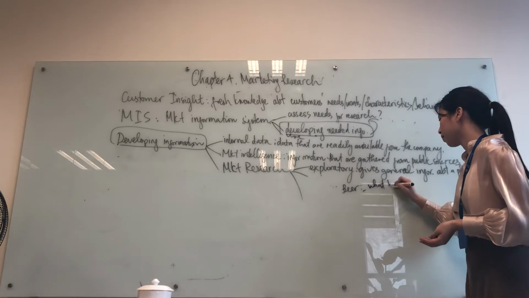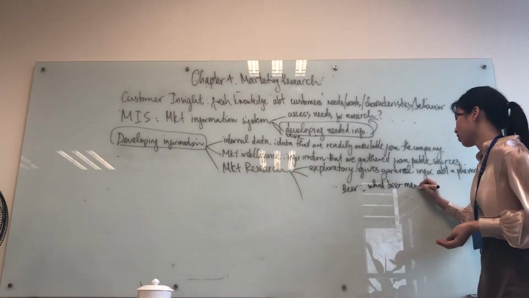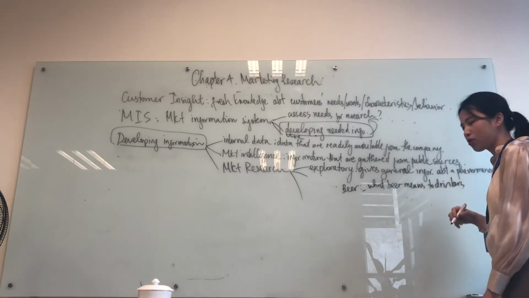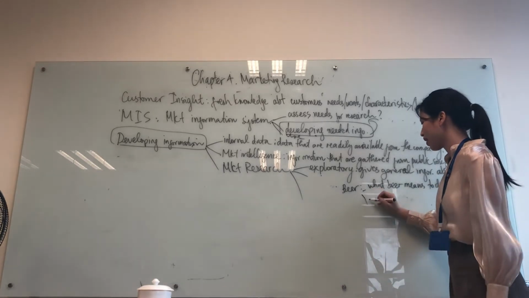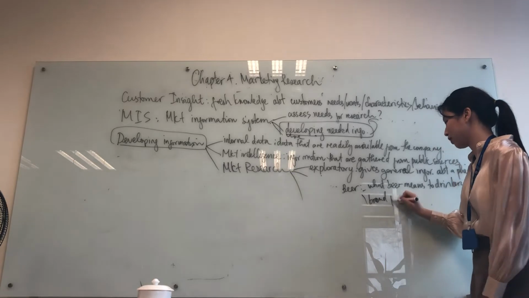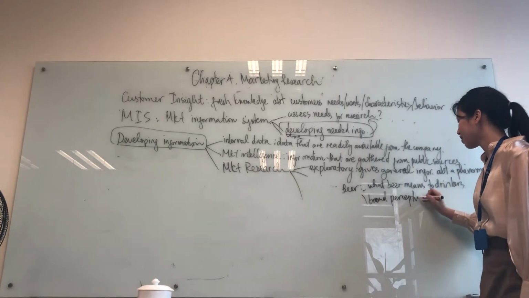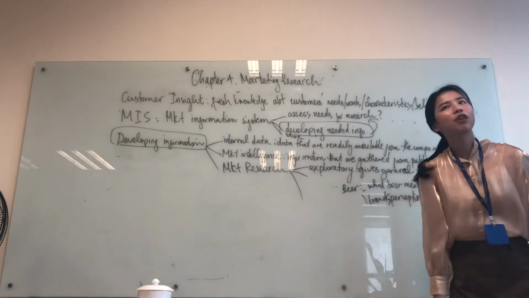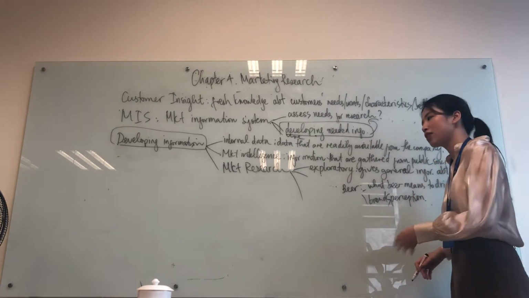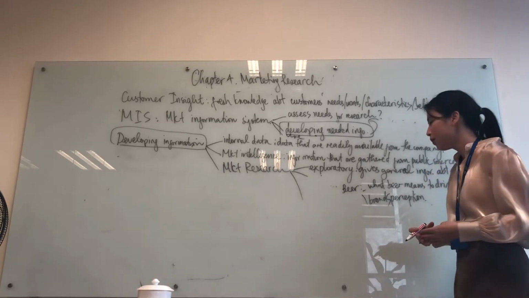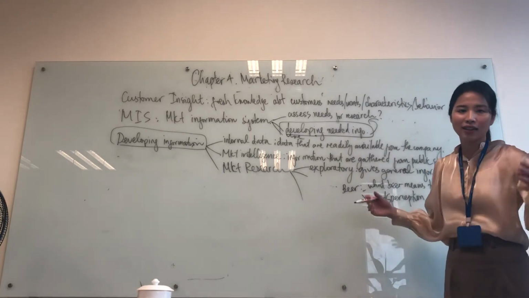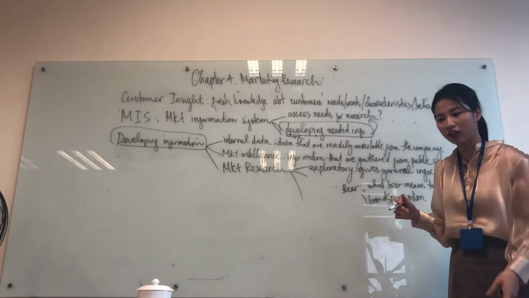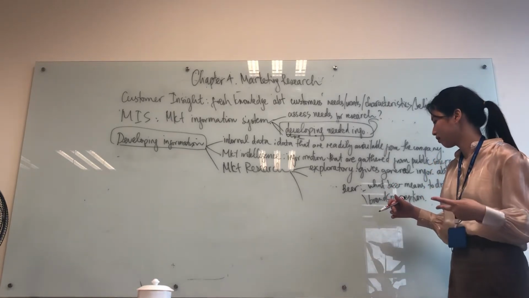They usually think about what beer means to drinkers, to the Vietnamese consumers, and what kind of brand perception these drinkers have. They want to look at how customers perceive different brands, like in Vietnam we have Heineken, Carlsberg, Tiger, all those brands.